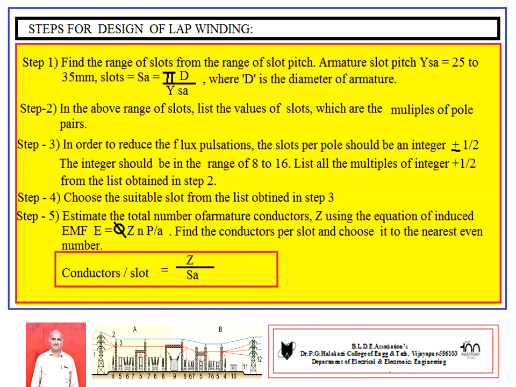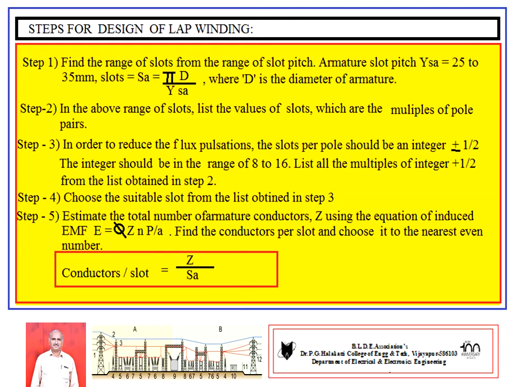Such values are to be selected from the minimum value of slots to the maximum value of slots. For example, if slots lie between 20 to 30, you go on making the list of multiples of pole pairs, that is even numbers 22, 24, 26, 28 and 30. If not a multiple of pole pairs, it is rejected.